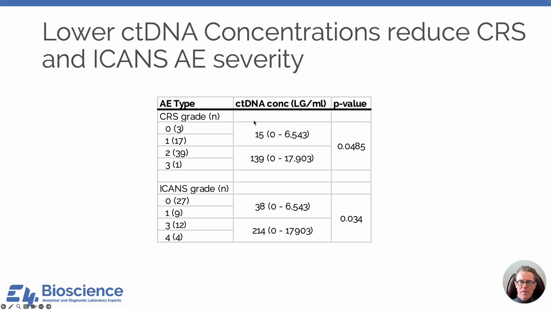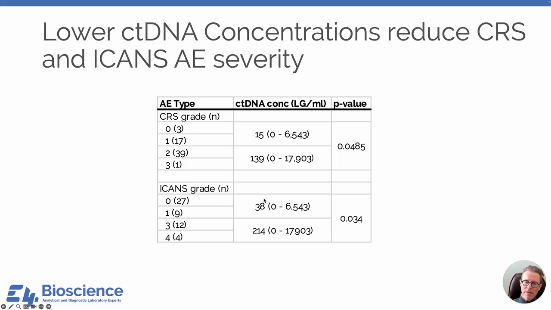These CRS grade 0 and 1, so patients that have low grade CRS, have at least on average, a 10-fold lower ctDNA concentration than patients that have grades 2 or 3 events. Again, just barely statistically significant. Similar thing with ICANS. Again, it's really just a spinal fluid based cytokine release syndrome.